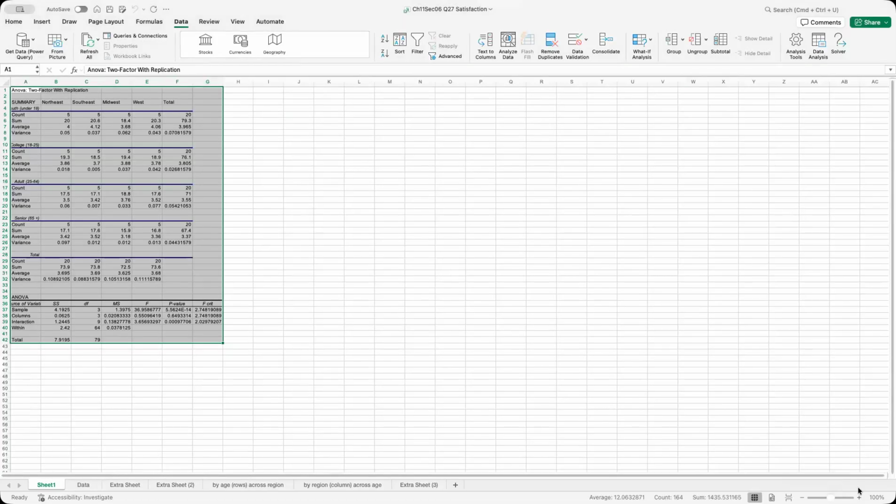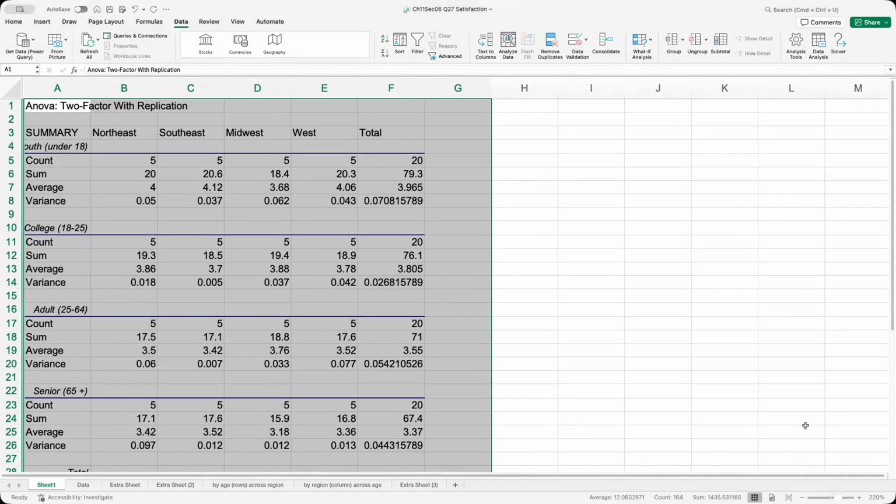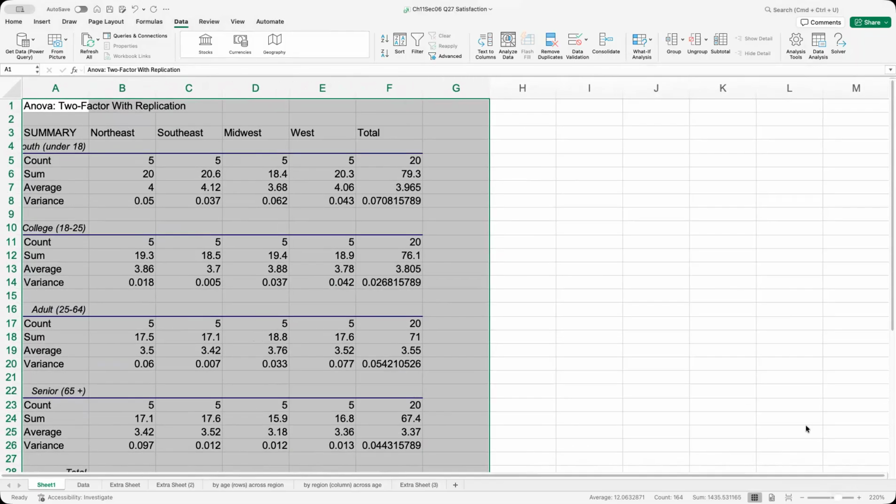Okay, this is a lot of stuff here. But this breakdown by age range, that's by rows, and then within that by region. So I have averages, I have variances within the region.